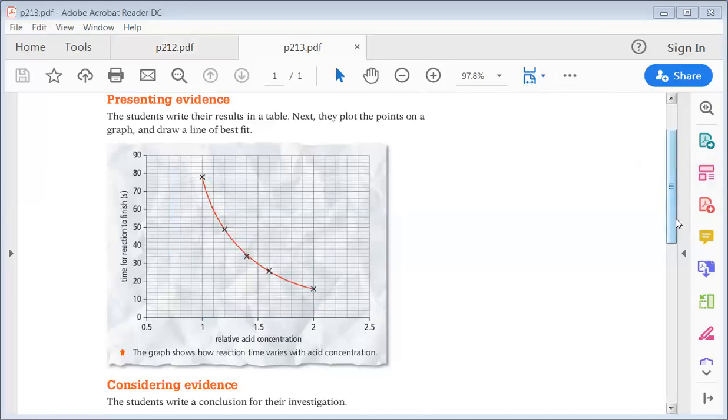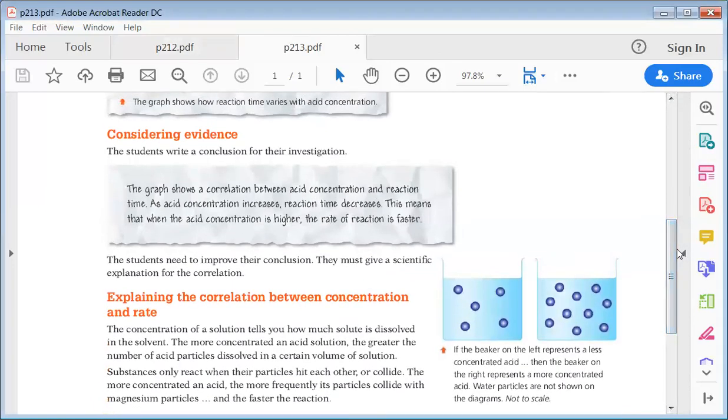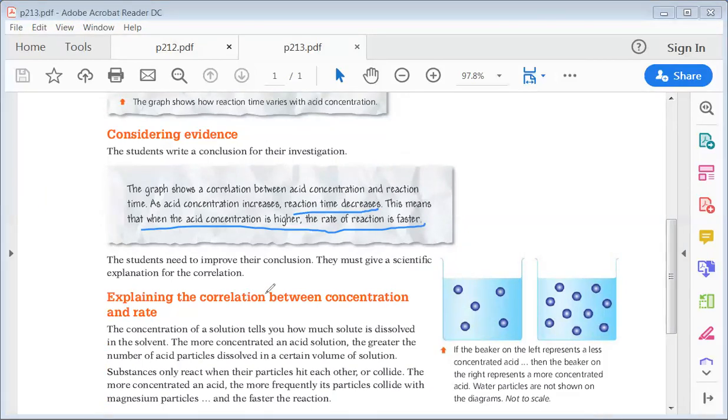So the correlation between acid concentration and reaction time: as acid concentration increases, the reaction time decreases. This means that when the acid concentration is higher, the rate of the reaction is faster because it doesn't take time. So here the students need to improve their conclusion.